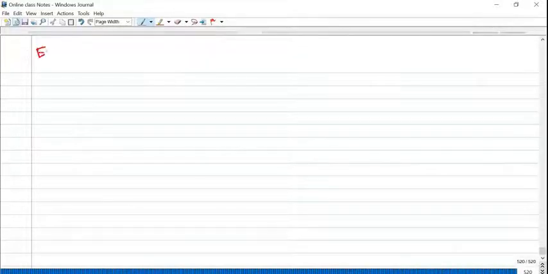Example 2. Find the inverse Z transform using the residue method.